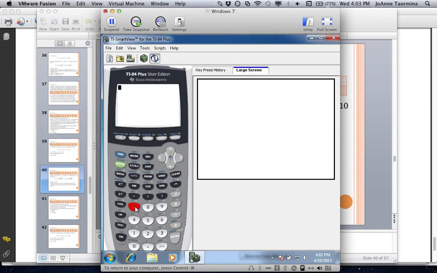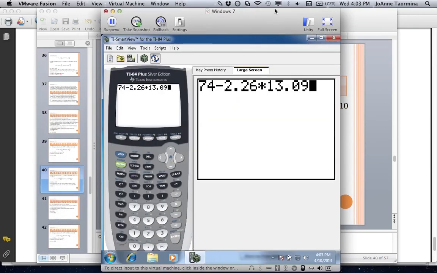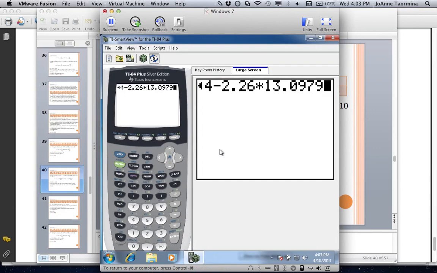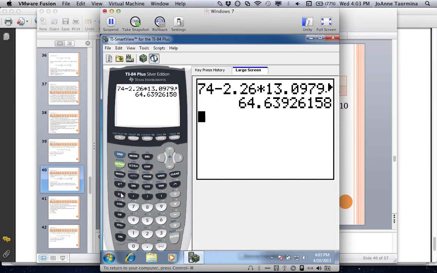Okay, you've got your mean minus 2.26 times 13.0979 divided by the square root of 10. So when rounded to two decimal places, we have 64.64.